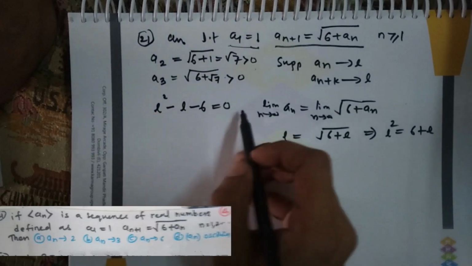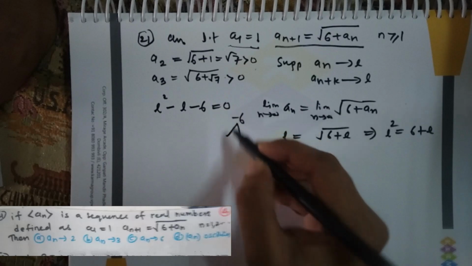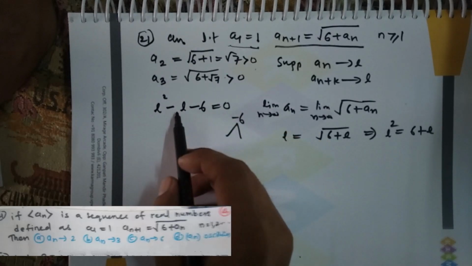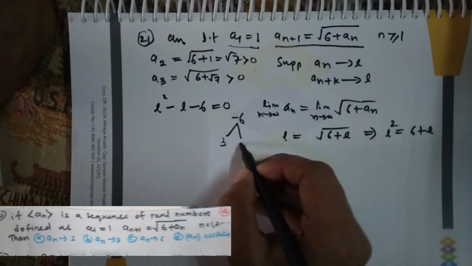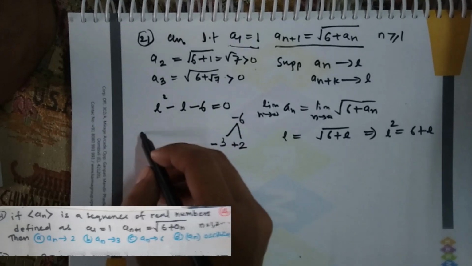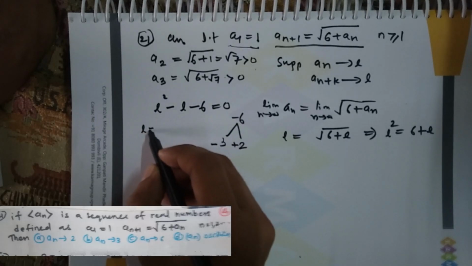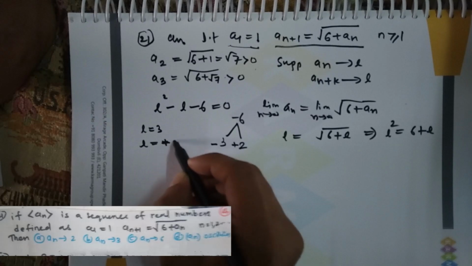Now we just have to solve this quadratic equation. How to solve it? For minus 6, I want factors such that the product is minus 6 and the sum is minus 1. So 3 and 2, what will be the sign for 3? Obviously it is minus and this is plus. So my L will be 3 and the other L will be minus 2.